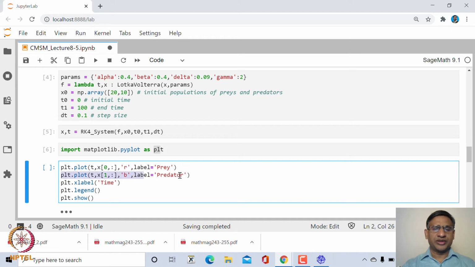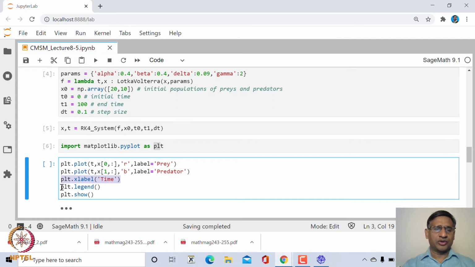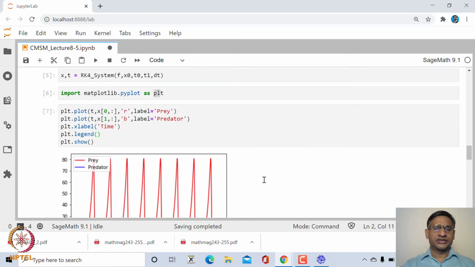Similarly, plot the predator and then label the x axis as time, and also plot the legend, which will show the name of each curve. Let us plot and see how they look.